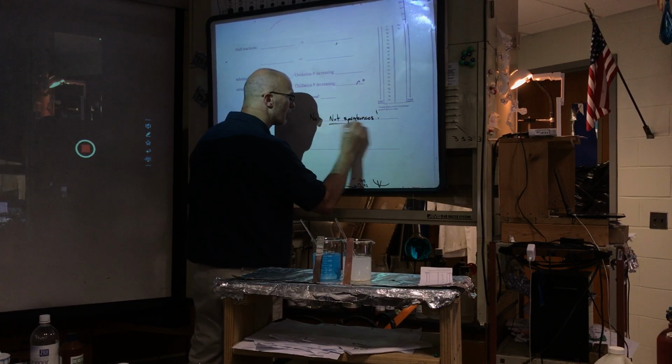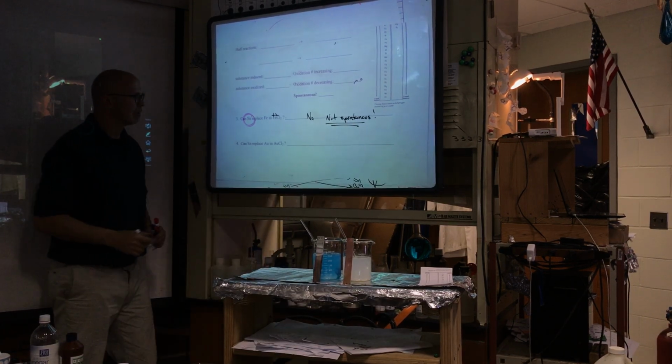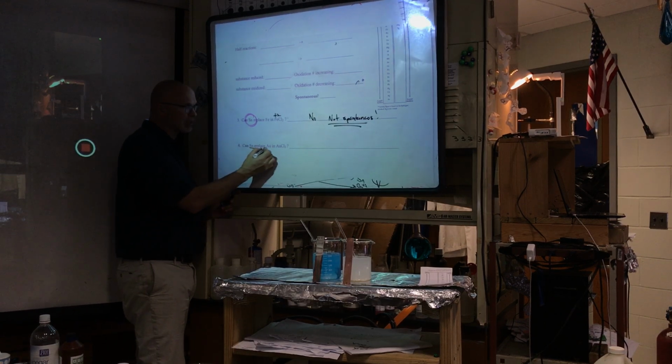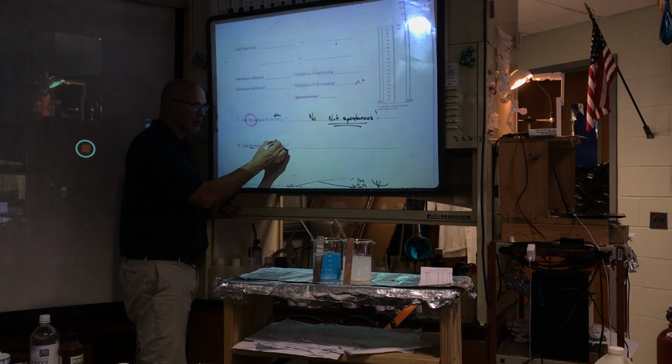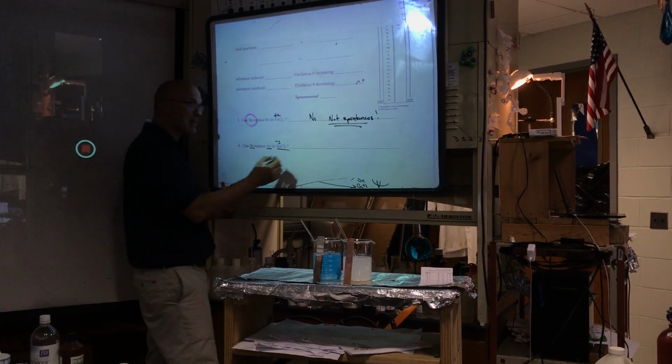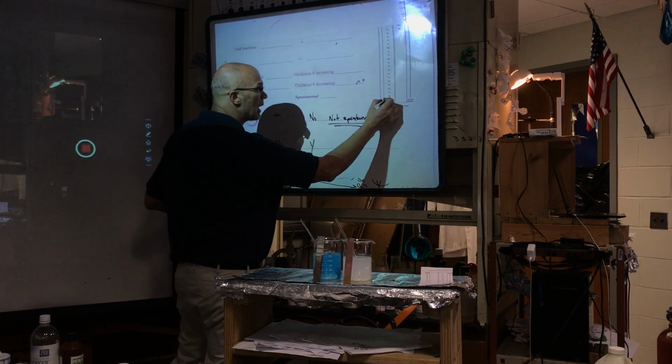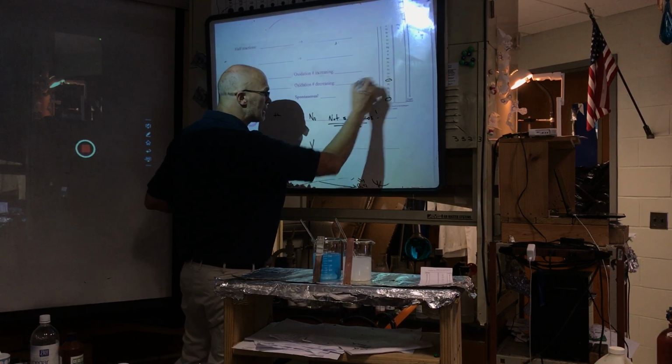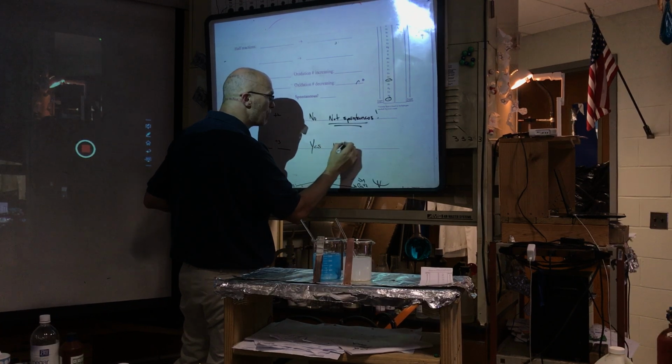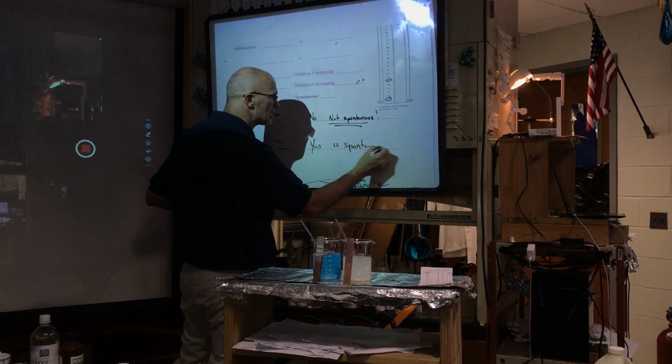It doesn't work. How about this? Can tin replace gold in gold chloride? Now this is gold plus 3. Is tin higher than the gold ion? Yes. Tin is higher than gold. It's that simple. This is spontaneous. Spontaneous means it works.